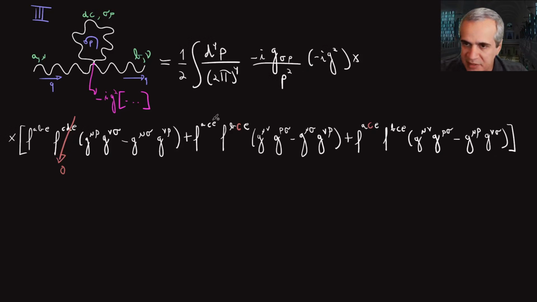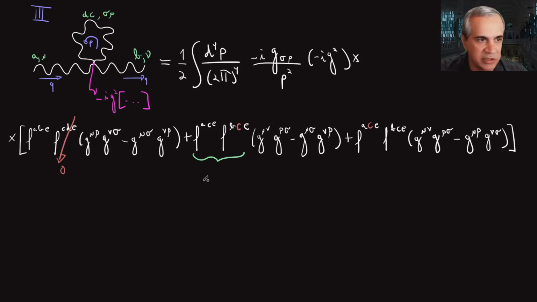And now I have CE here. In both cases, these are summed, right? Repeated indexes are summed. So again, I get this trace over the generators in the adjoint representation, which we have seen before.